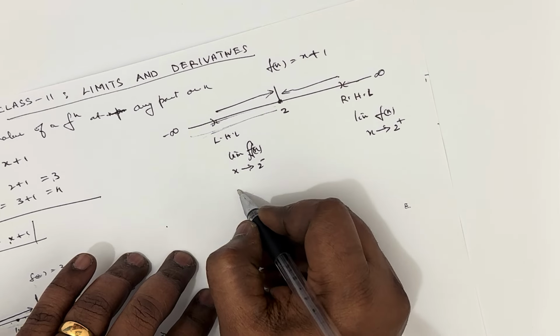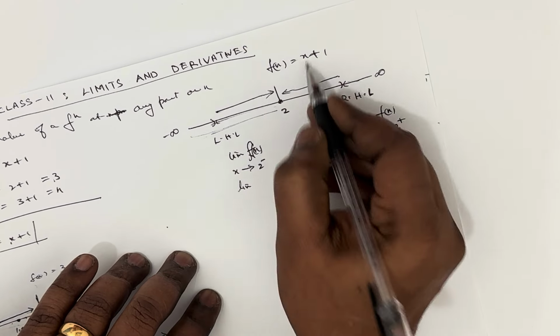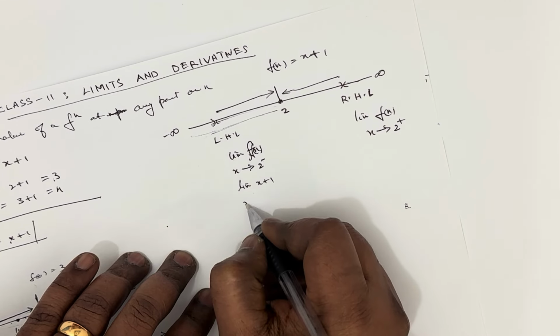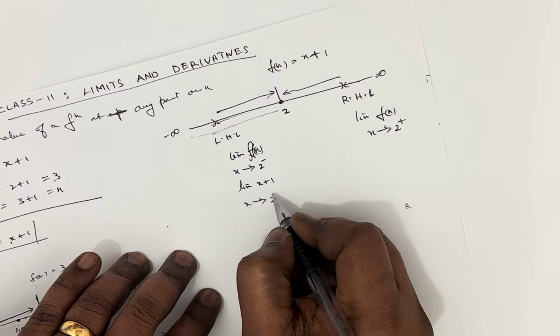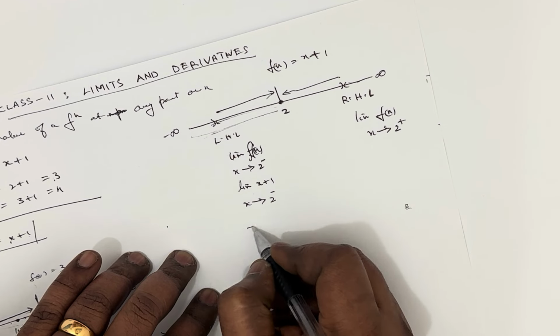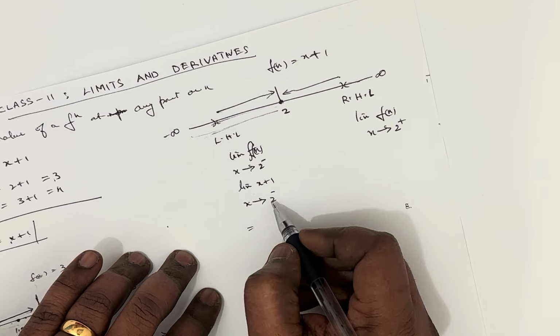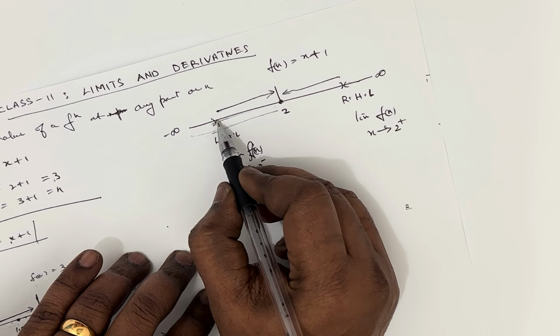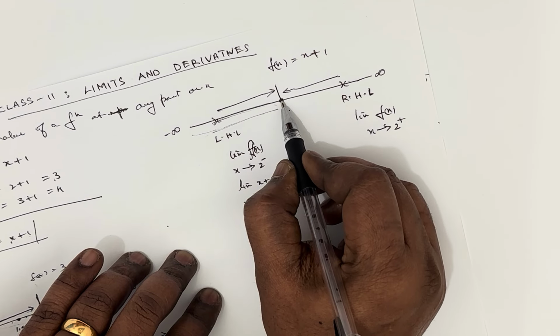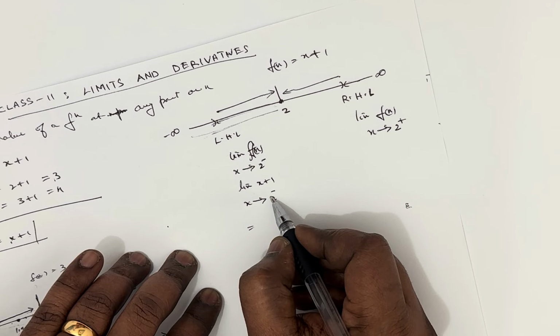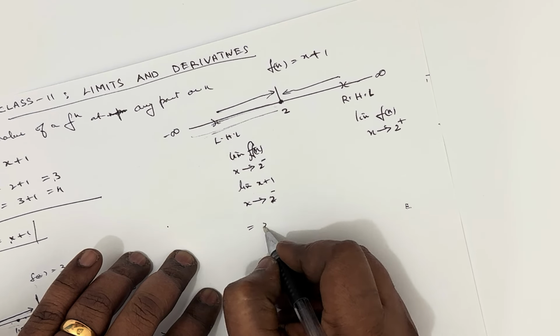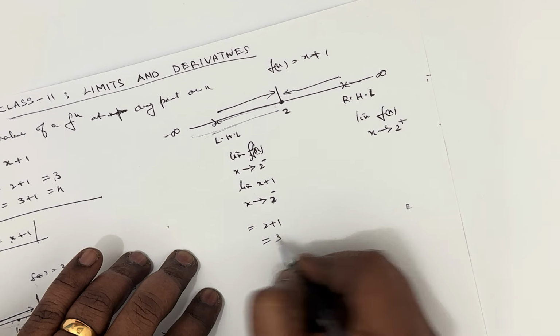Now what is the function? It's x plus 1. As x is approaching 2 from the negative side, we are assuming it to be 2 because it is coming very close to 2. So we put 2 plus 1, which is equal to 3.